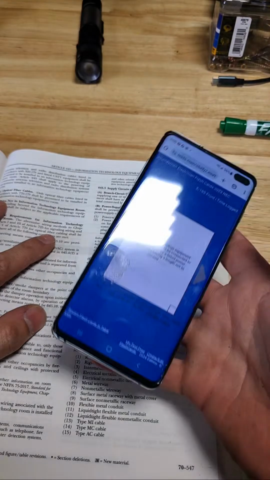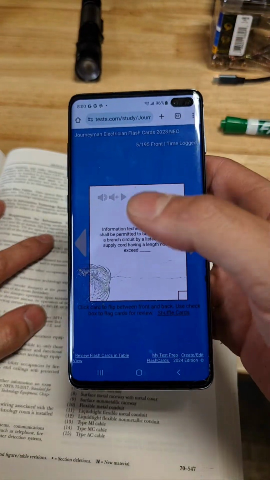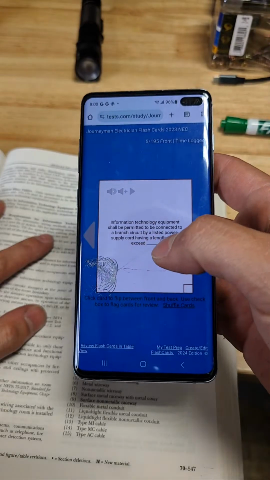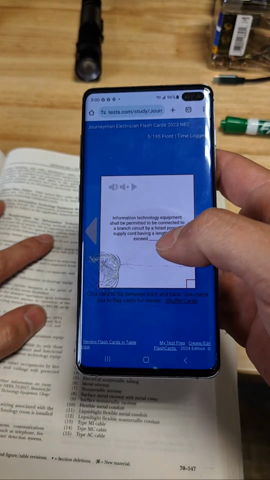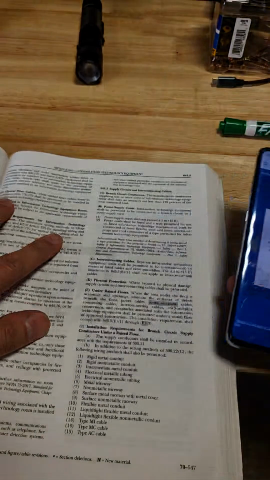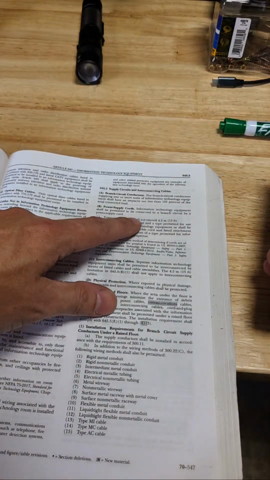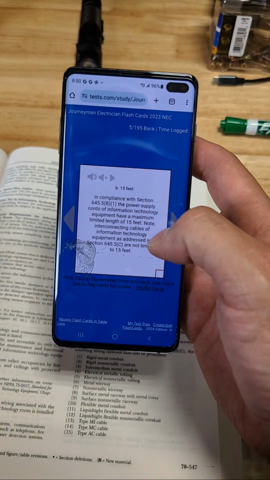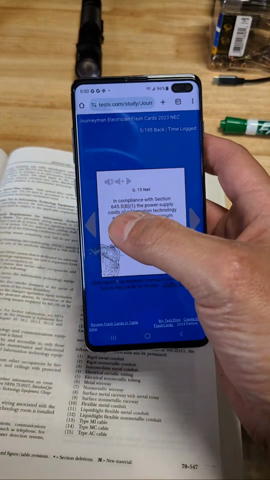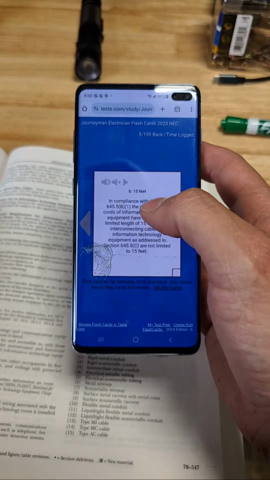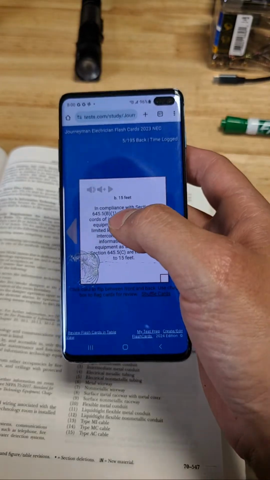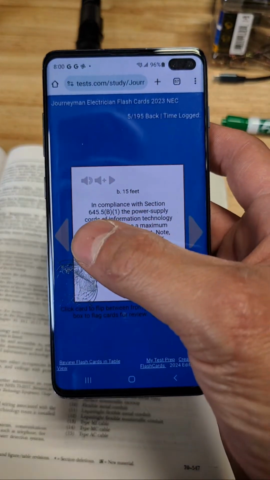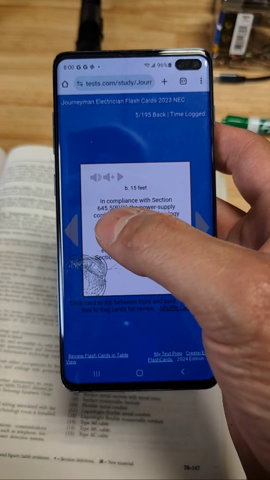So if we look here, supply cords having a length, it's got to be connected to a listed supply cord. Power supply cords, yeah, 15 feet. Let's see. We got it. And there it is there. That's what's really good about test.com is that it tells you where to find the answer, which is really good.